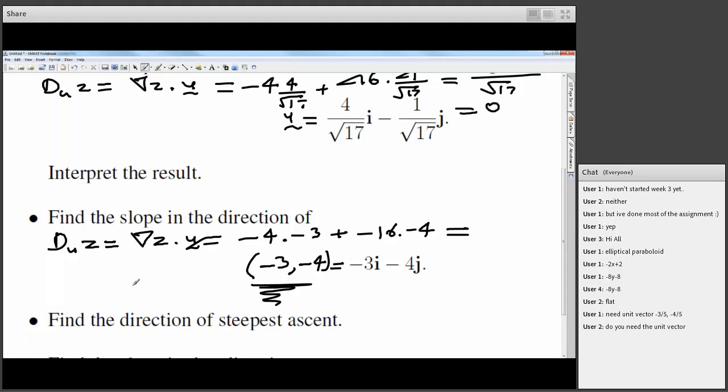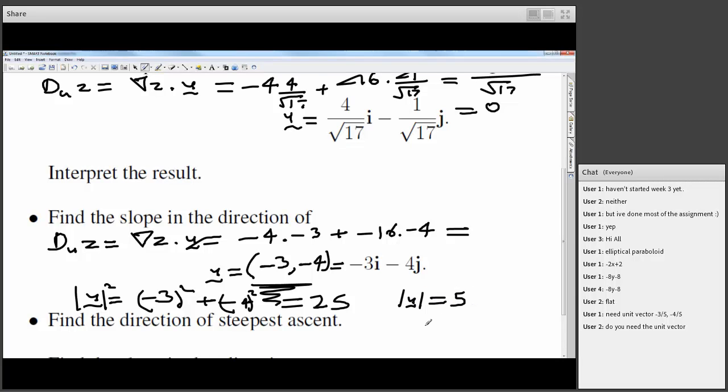So first of all, if we call this u, we have to work out the length of u first. So the length of u squared would be the x component squared plus the y component squared, which is 25 using Pythagoras' result. And so the length of u would be 5.